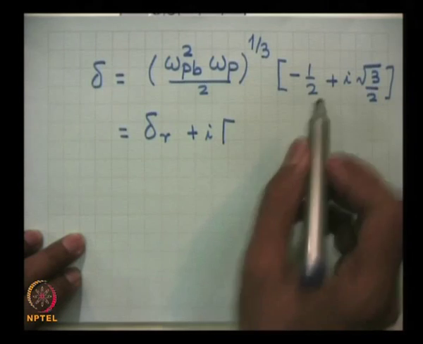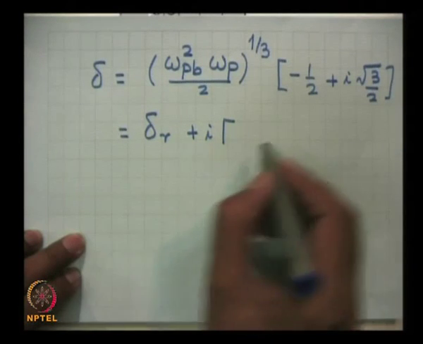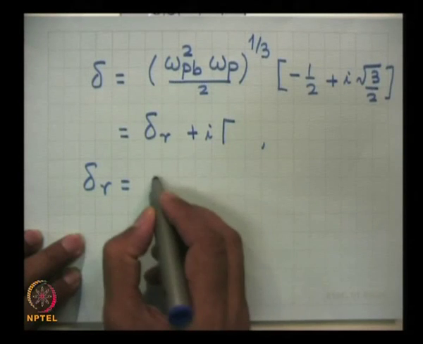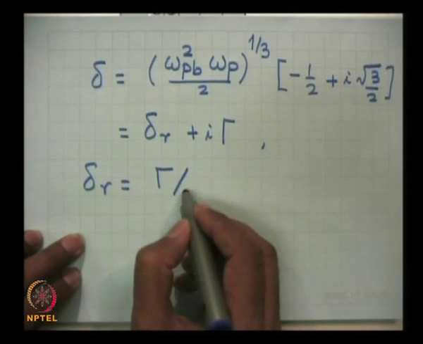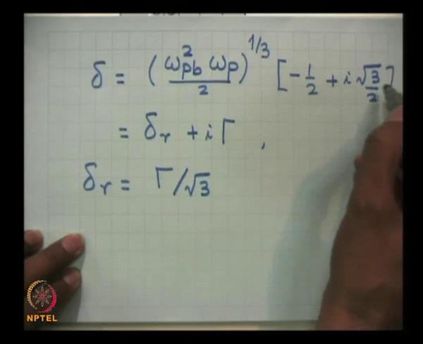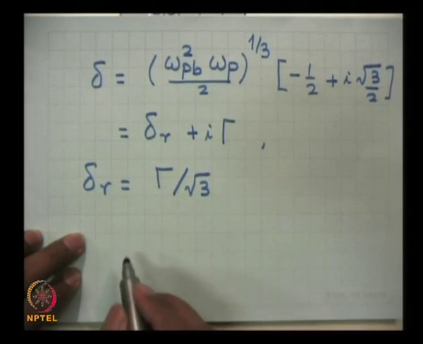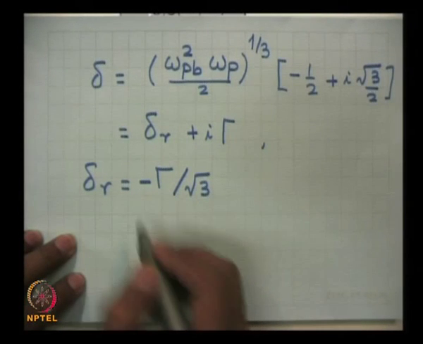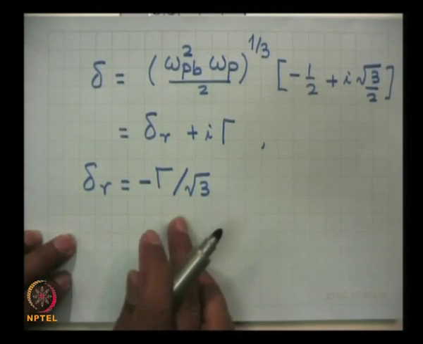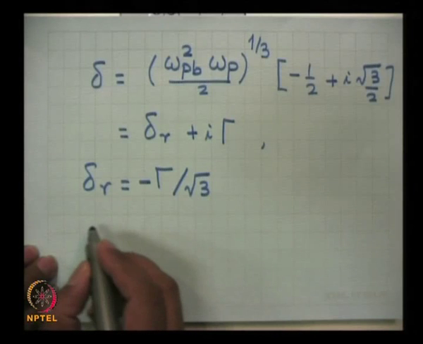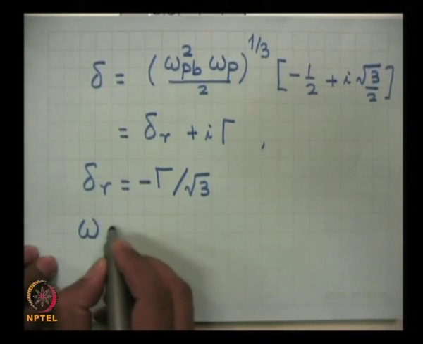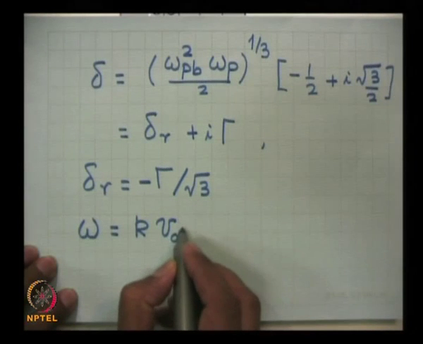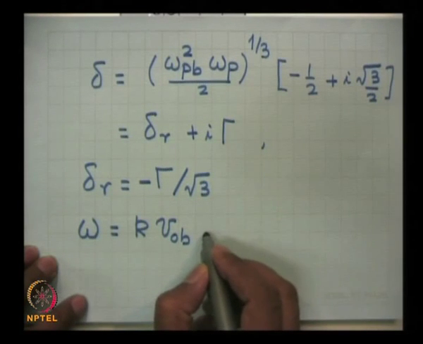But if you look at this expression, delta r is simply equal to gamma upon root 3. This term is root 3 times bigger than this one. And this is negative. What is the consequence of this? The consequence is that the omega that I had written is equal to k v0b plus delta.